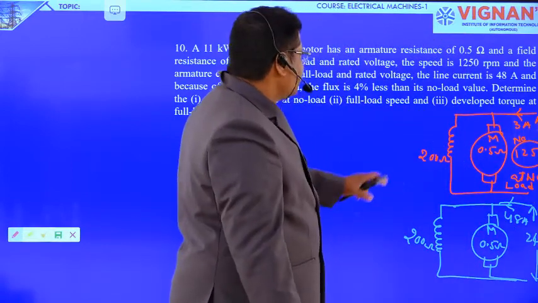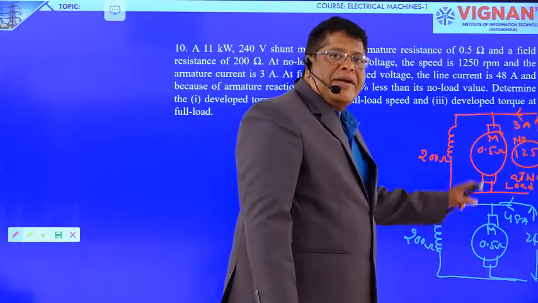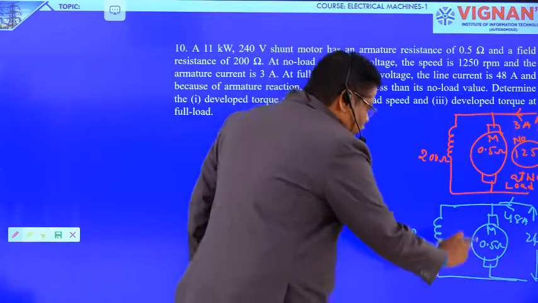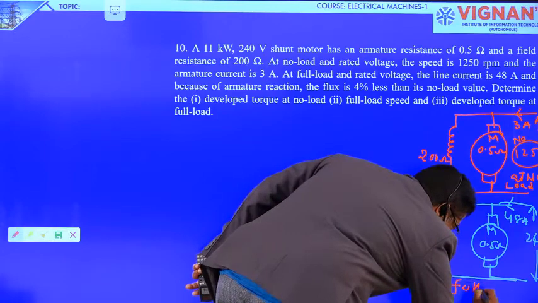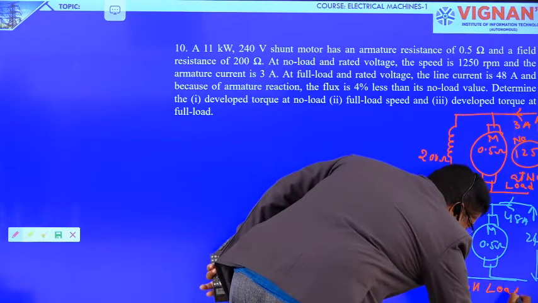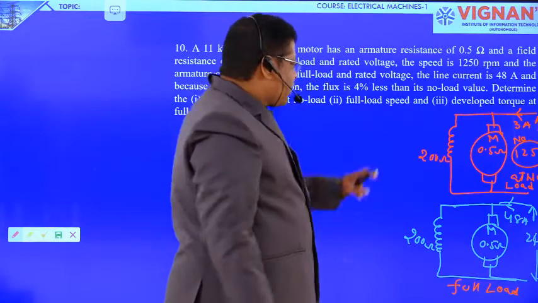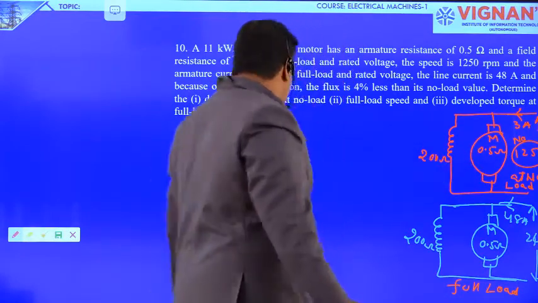But in this second case, they have not given the speed maintained by the motor at full load. This is the circuit diagram at full load. This is at no load, this is at full load. Now first we calculate the back EMF at no load.